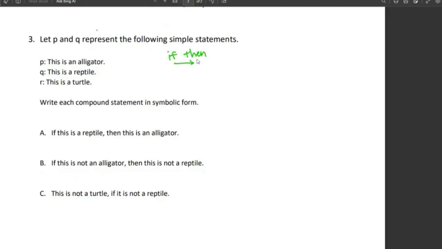So the way that this works is that we take the beginning. The beginning part of our sentence, if this is a reptile, goes along with Q. Then this is an alligator goes along with P. So we would do Q and then the arrow going to P because it's an if-then statement. So if Q, then P.